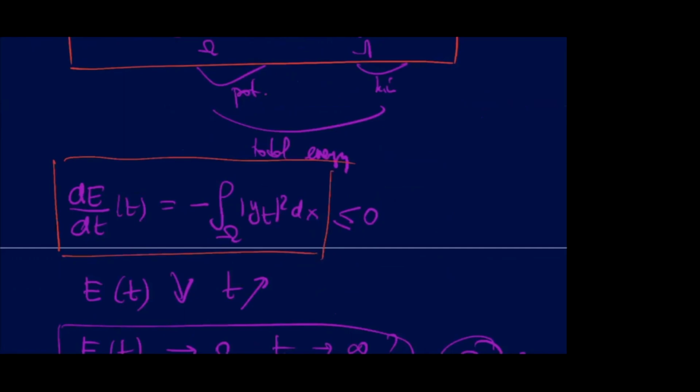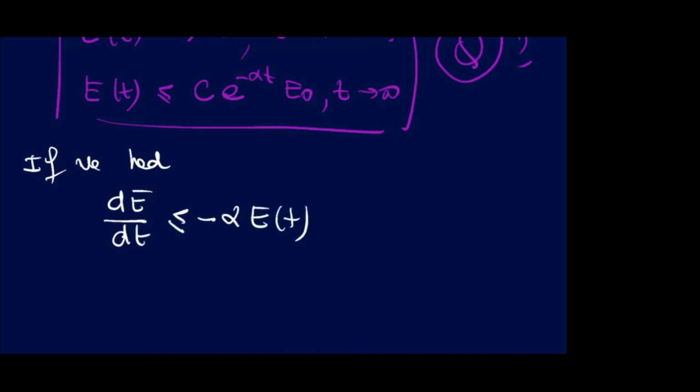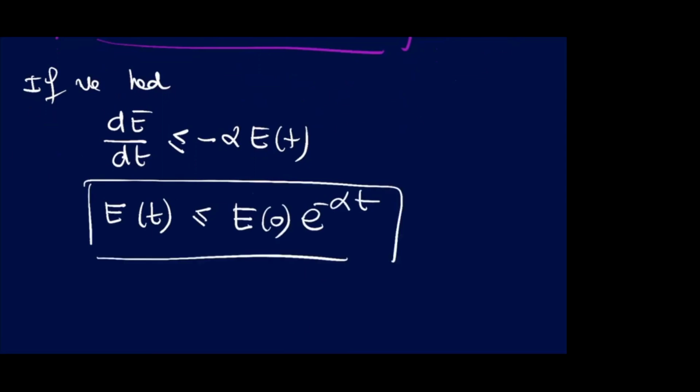Of course, I would be delighted if we had the derivative of the energy less than minus alpha E(t), because then by Gronwall's inequality, I would simply have that the energy E(t) is smaller than E(0) times exponential of minus alpha t. It's just by integrating this inequality that you get this.